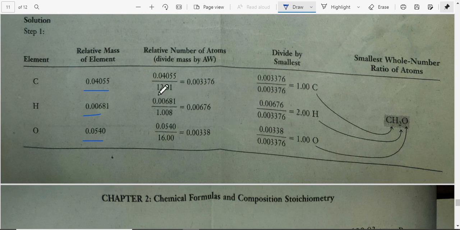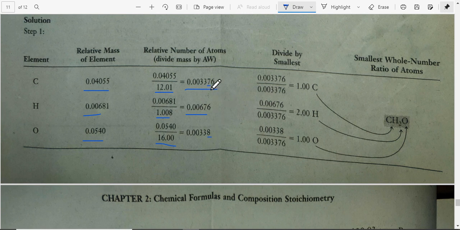So divide: 0.0681 divided by 1, you have 0.00676. Then you have 0.01540 divided by 16, equals 0.00338. Okay? Class, which is the smallest?